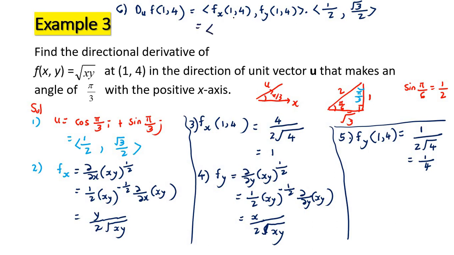Plug in fx(1, 4), which is 1, and fy(1, 4), which is 1 over 4. The dot product: 1 times half gives half, and then 1 over 4 times root 3 over 2 gives root 3 over 8.